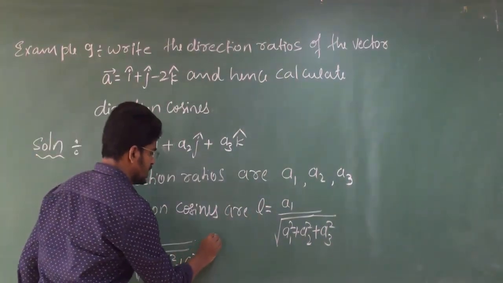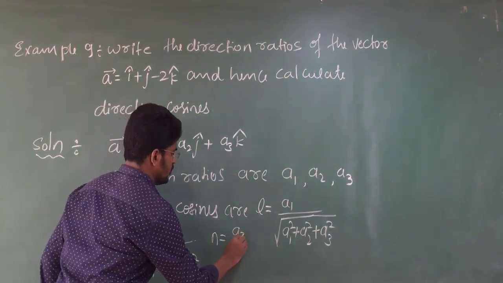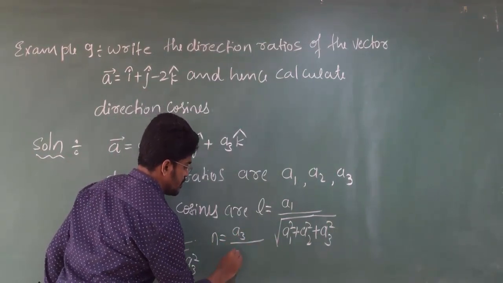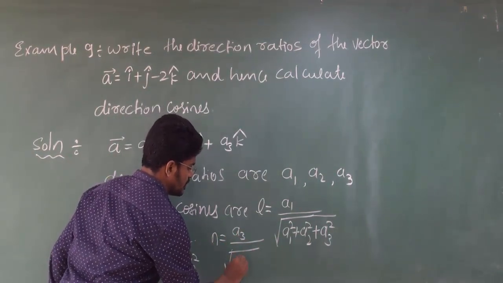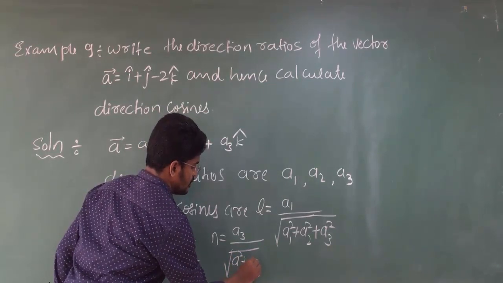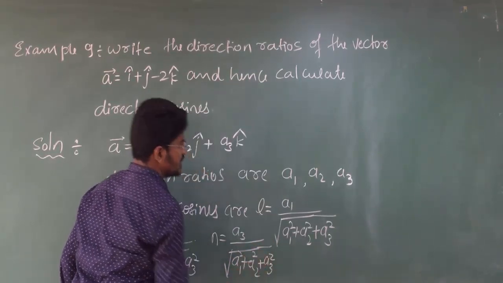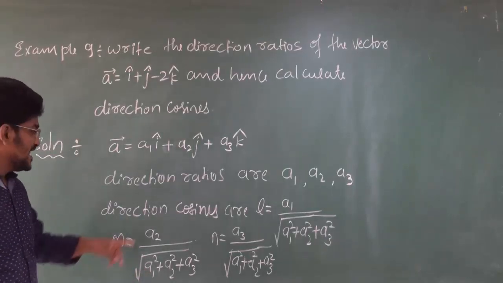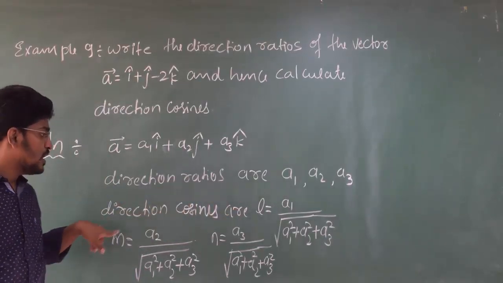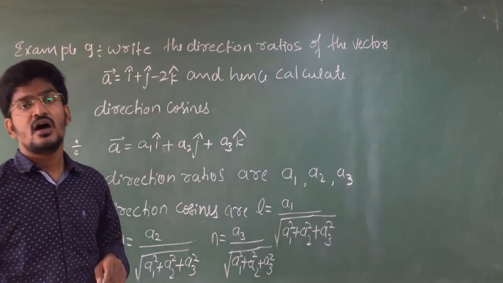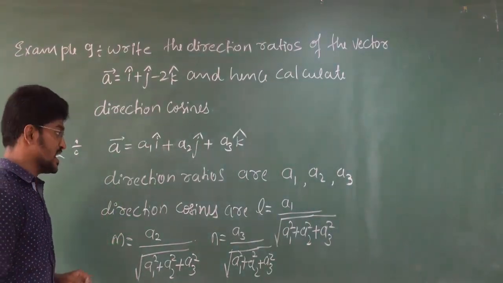And the third one, n equal to a3 divided by root of a1 square plus a2 square plus a3 square. So l, m and n are the direction cosines.